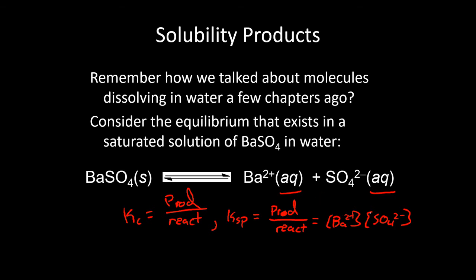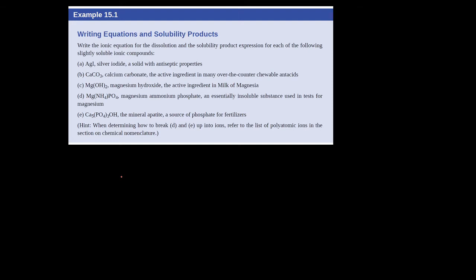The number of products will change a little bit, because we could have 2 things, or we could have 3 things that are products, just depending on the molecule. But we will never have any of our reactants showing up, because our reactants are solids, and they will always be solids.